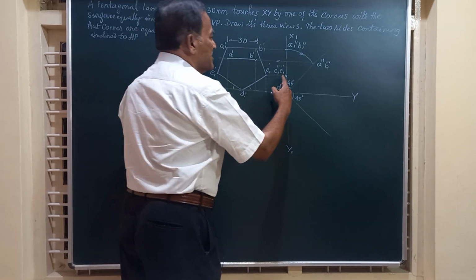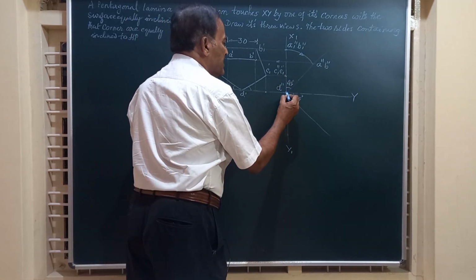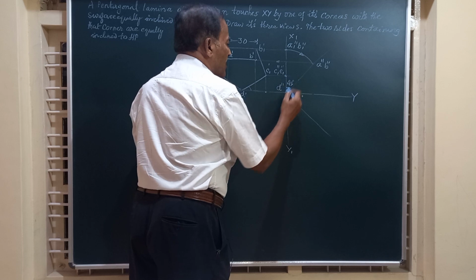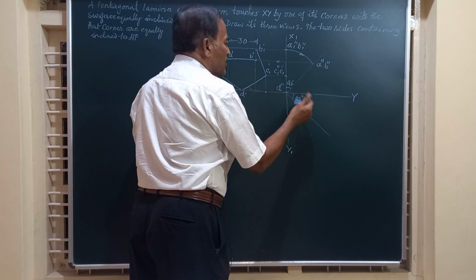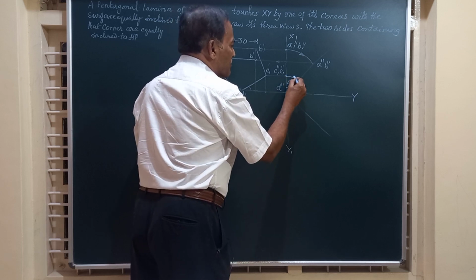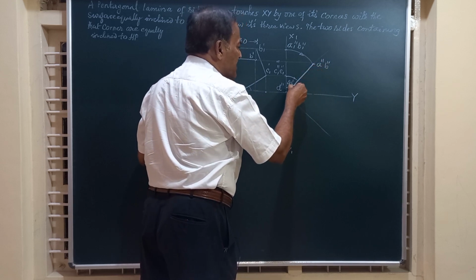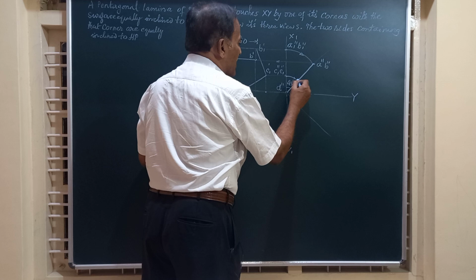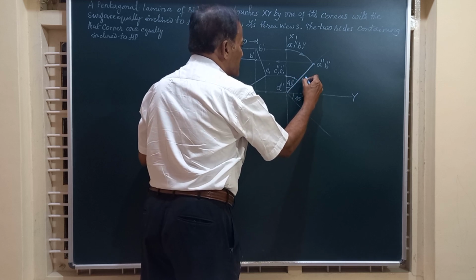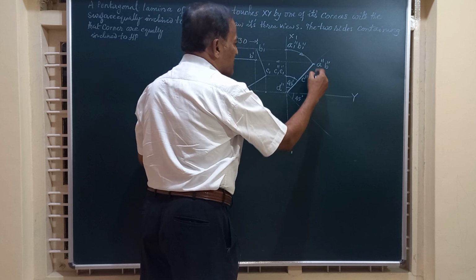Next, friends, C and E are here. Again, taking D dash as center and radius equal to this length, I am going to transfer that point to this line. This line represents the final side view, and this point is going to be C double dash and E double dash.